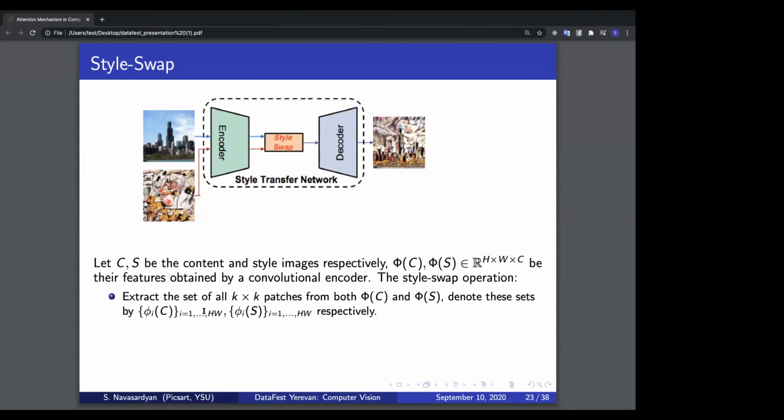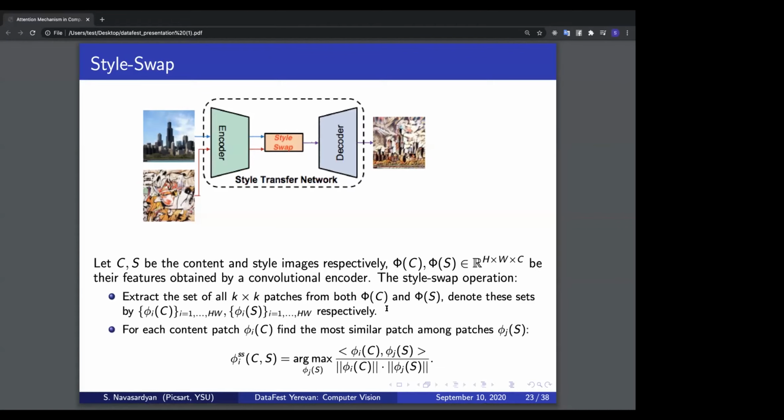We will have h times w patches for each feature map, and for each content patch phi C, the algorithm finds the best matching patch among the patches of the style feature.